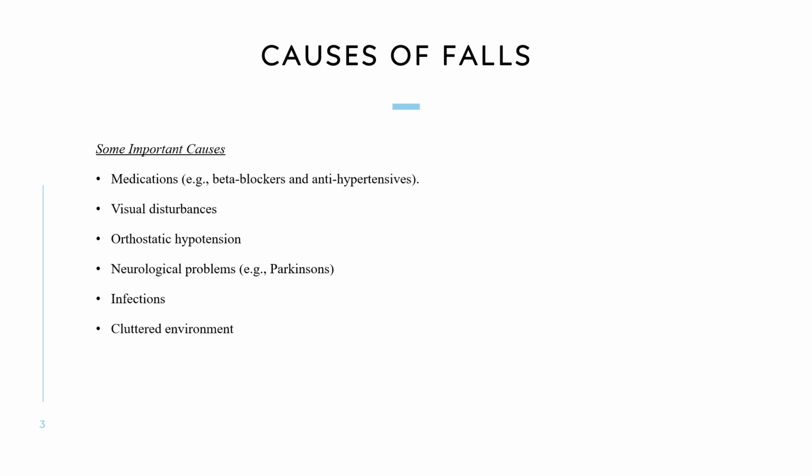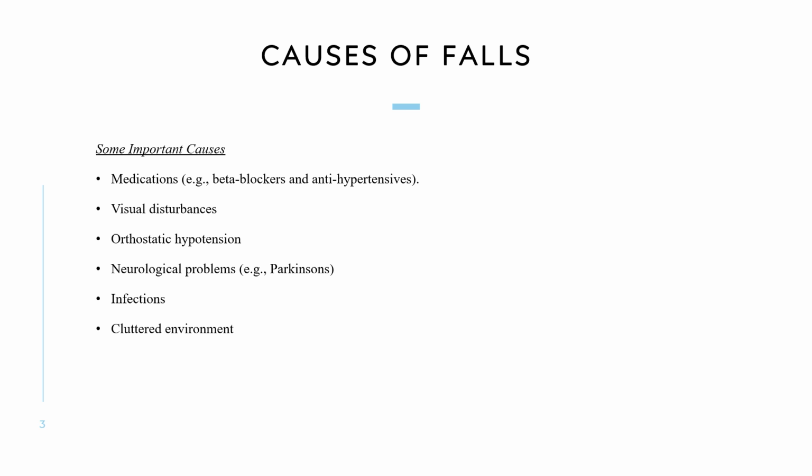So they're at high risk of getting high blood pressure, and so they'll be on medication that reduces their blood pressure. But sometimes this medication might reduce their blood pressure too much, so they might have low blood pressure, that might make them feel dizzy, and of course that might lead to them having a fall. Beta blockers, similarly, might be another medication that can increase the risk of somebody experiencing a fall.